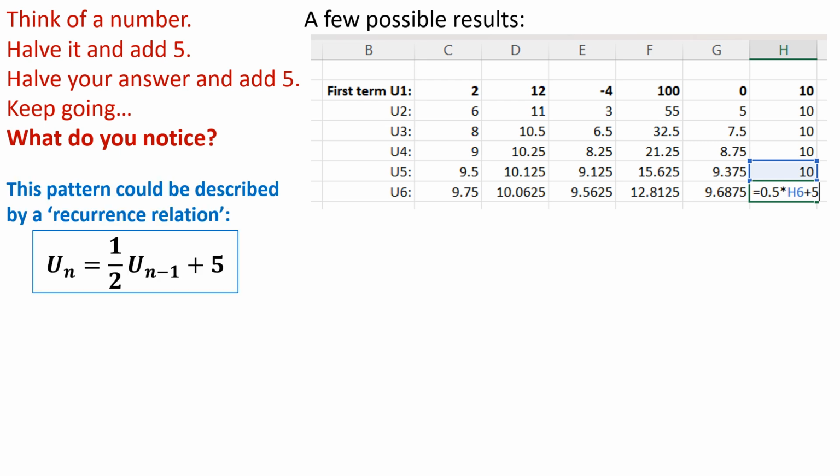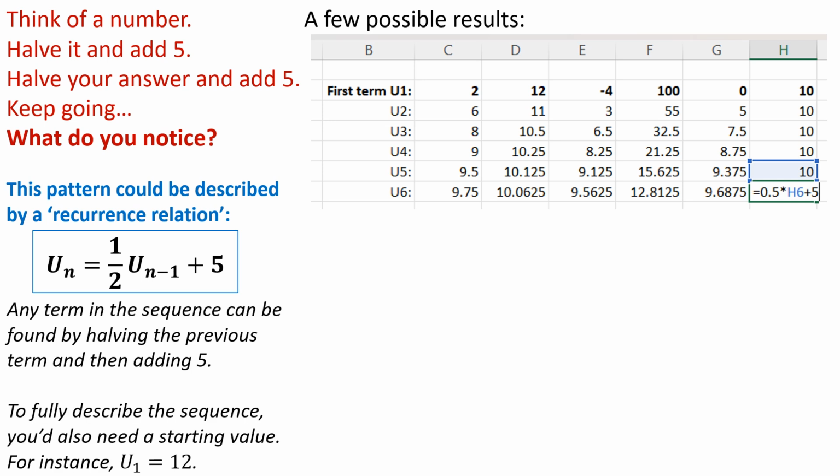We can describe this pattern, the sequence that I've given you, halve it and add 5 is the rule. We can describe that rule by saying that the nth term is always equal to half of the previous term, the n-1th term, plus 5. In order to fully describe a sequence like that, in other words, for you to know exactly what the numbers are that I'm thinking of, I'd have to give you a starting value.